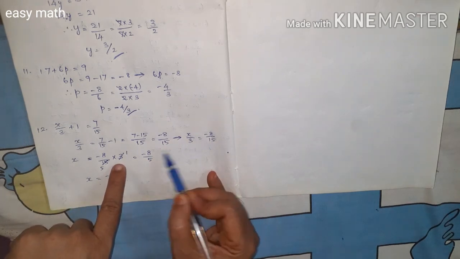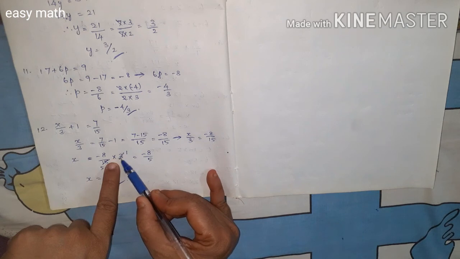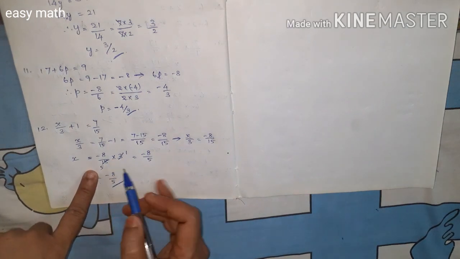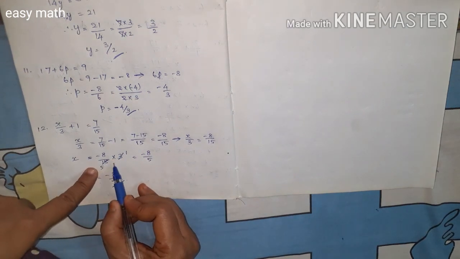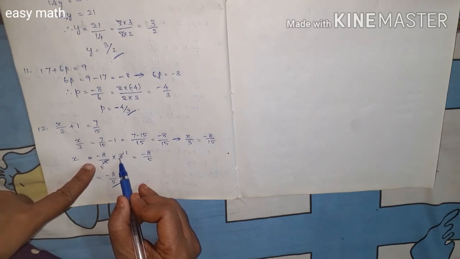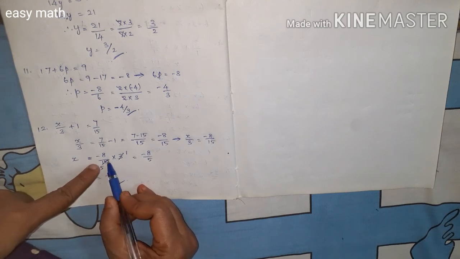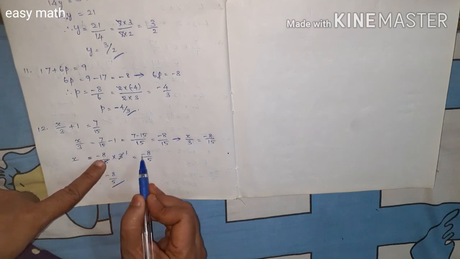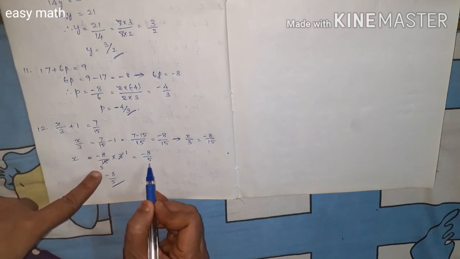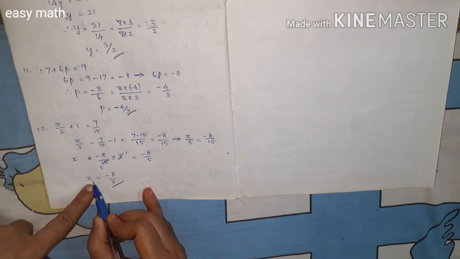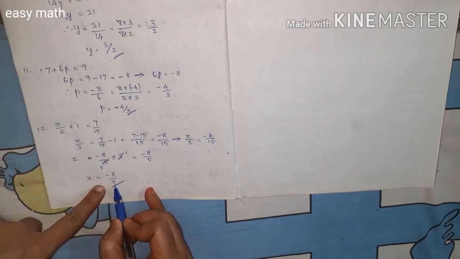Then we cancel this in the 3 table. 3 1s are 3, 3 5s are 15. Then minus 8 into 1, minus 8 as it is, 5. So we get the answer x equal to minus 8 by 5.